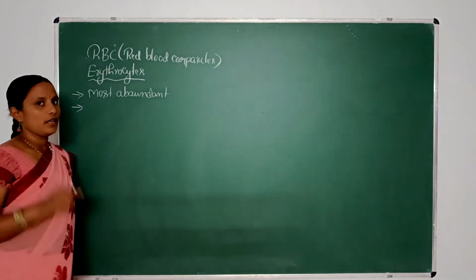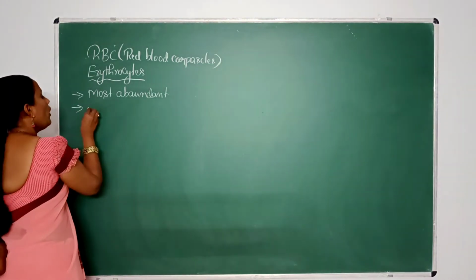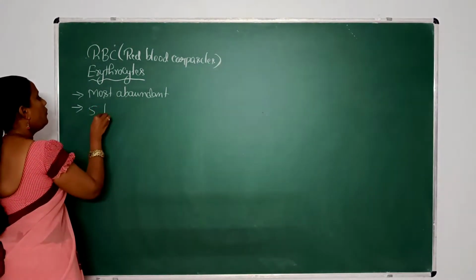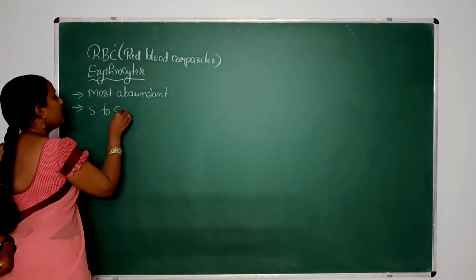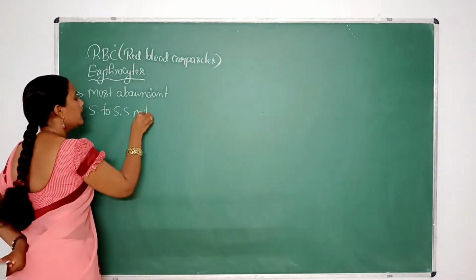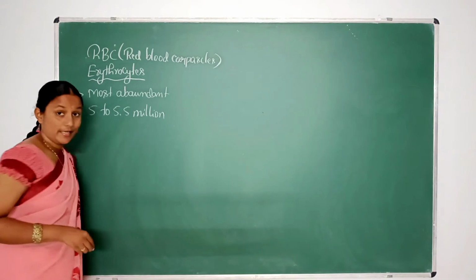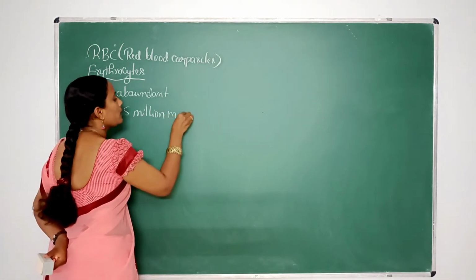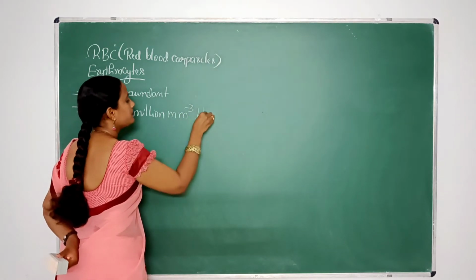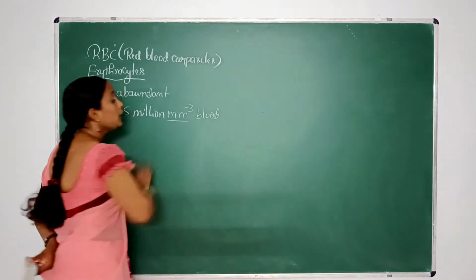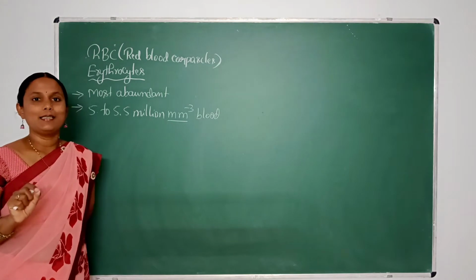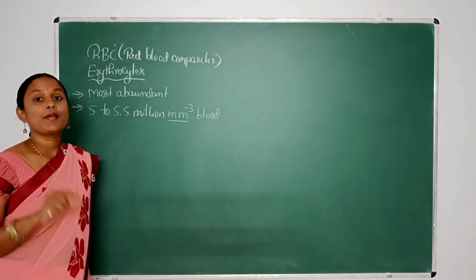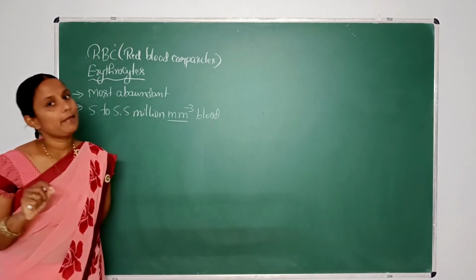And for your imagination, on an average, normally there are 5 to 5.5 million RBCs present in a cubic millimeter of blood. That means in 1 cubic millimeter we could find 5 to 5.5 million RBCs.